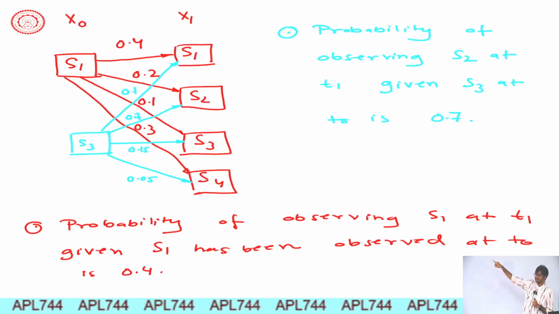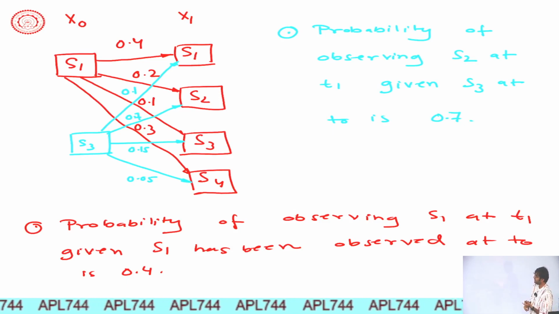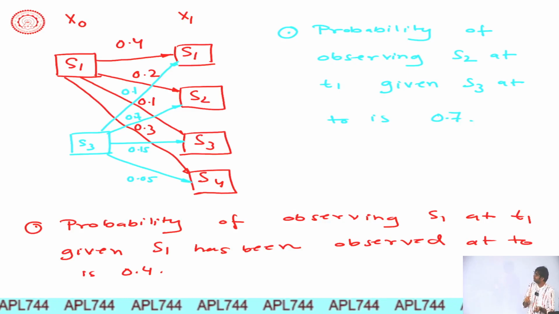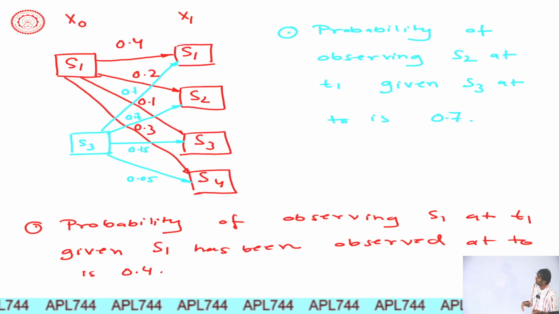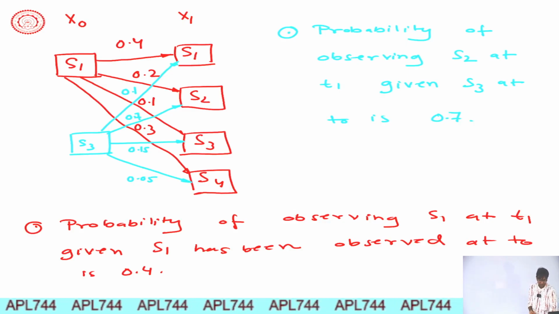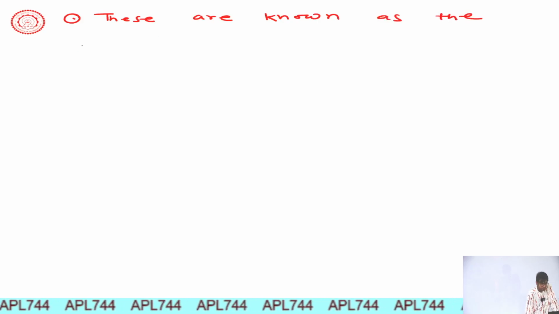If I rephrase this sentence, that's also a valid statement, that it is with probability 0.7 that I will transition from S3 at T0 to S2 at T1, right? So these are known as the transition probabilities.